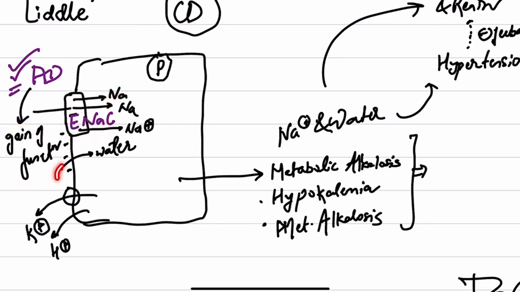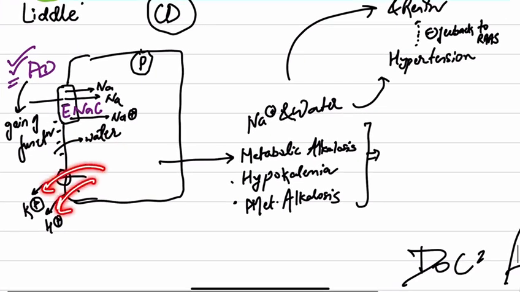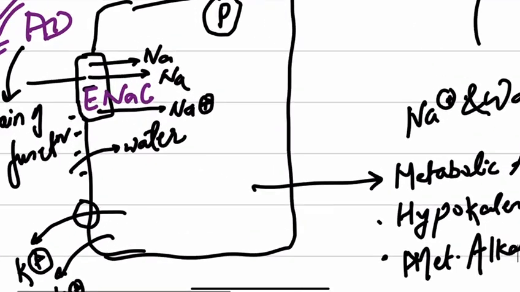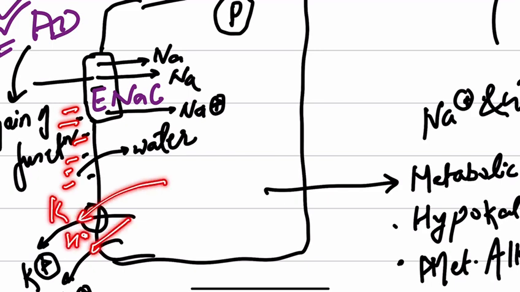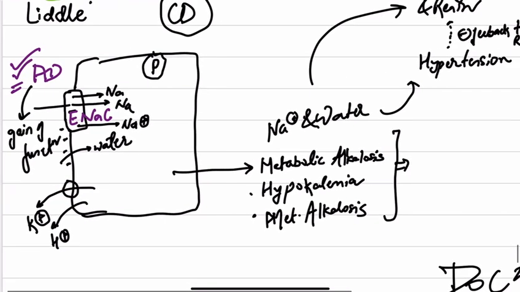Sodium will be saved, and along with sodium, water will also be saved, and to compensate, potassium and hydrogen will be lost. How? As sodium goes in, there will be a negative charge outside the lumen, and to cover that negative charge, potassium and hydrogen will come outside.